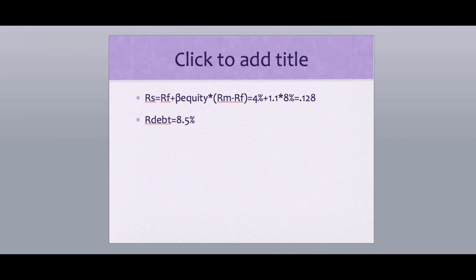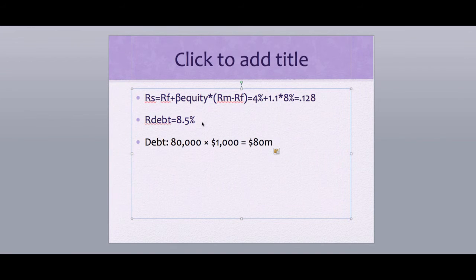That is a general rule you should already know. Unless the question tells you otherwise, you just use $1,000. So the amount of the debt is 80,000 bonds times the face value per bond, which gives you $80 million.